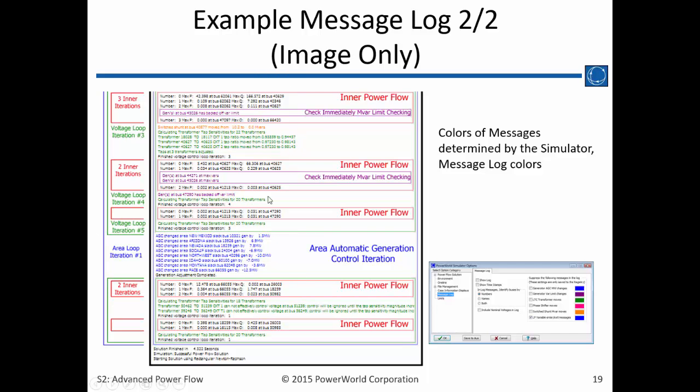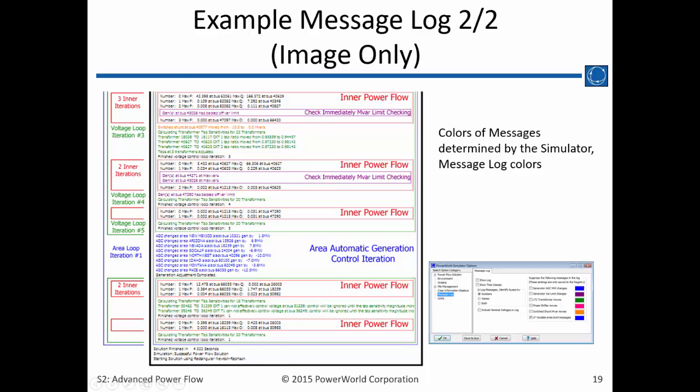So after it has done several middle voltage control loops, it was satisfied with no more voltage control changes, so it went back out to the outer loop and did another generation adjustment, and then came back in and did another inner power flow loop, another adjustment of transformers, another inner power flow loop, did a calculation of adjustments to transformers and didn't adjust any. It didn't do any other adjustment. It didn't have to do any more generation adjustment, so it finished.